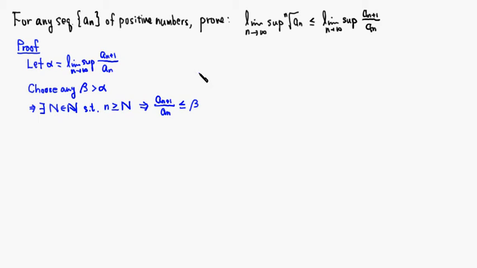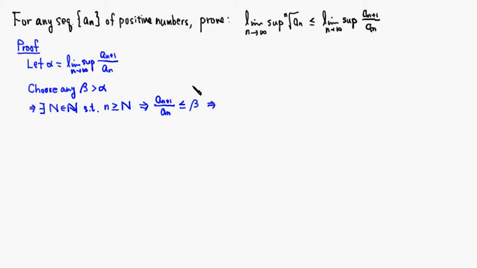Because otherwise, the lim sup is going to exceed alpha, which is a contradiction. So there's going to be some large enough n so that this ratio is less than or equal to beta. Then you can multiply both sides by a_n.